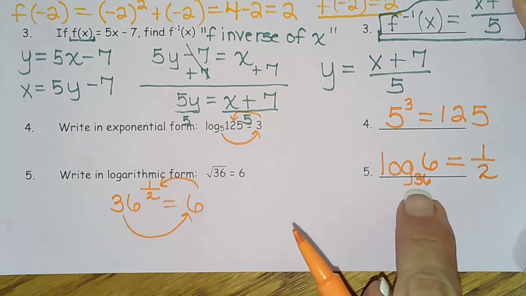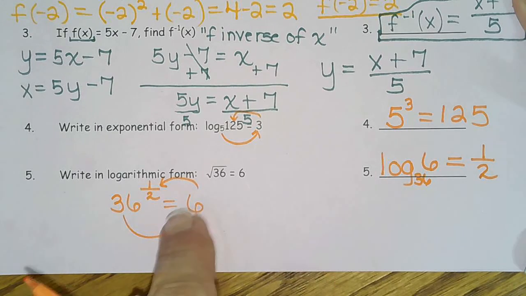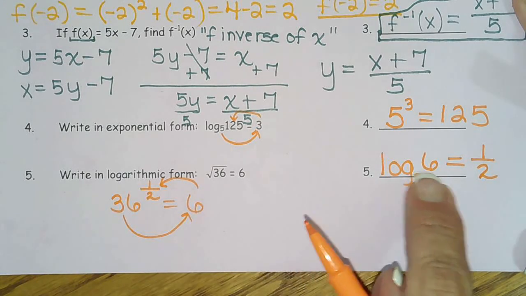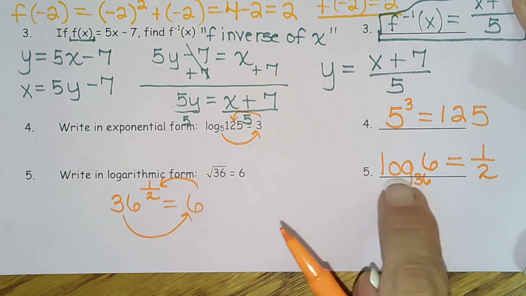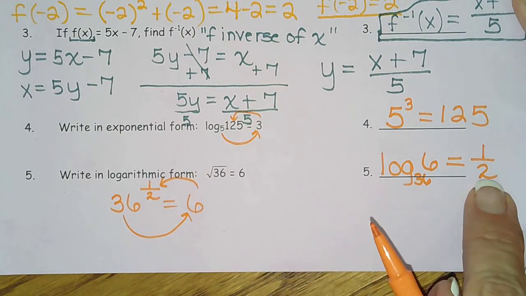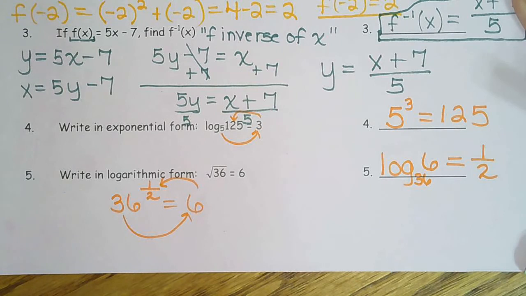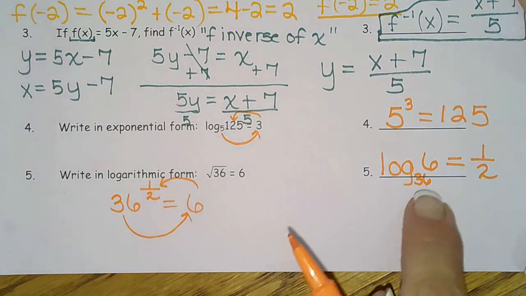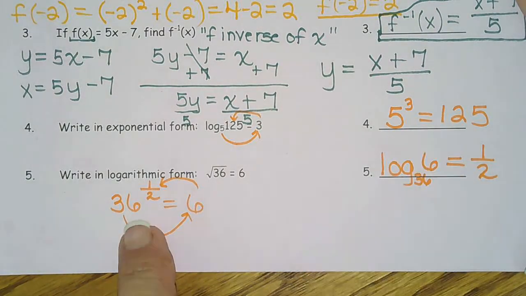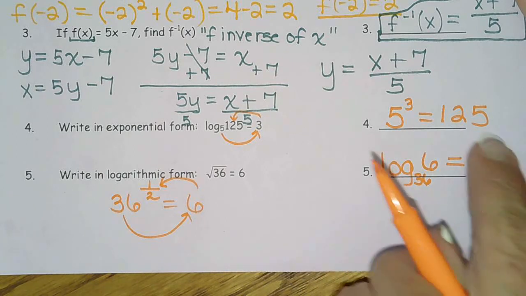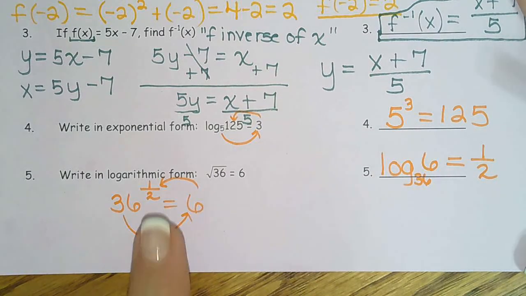Your 36 first, and it has to be the base. Your 6 is the next number you write, and it should be even with the log. And then you always set the log equal to the exponent because a log is an exponent. Then you can do your loop and swoop and make sure you get back there. 36 to the 1/2 equals 6. Yep, I get back to that.